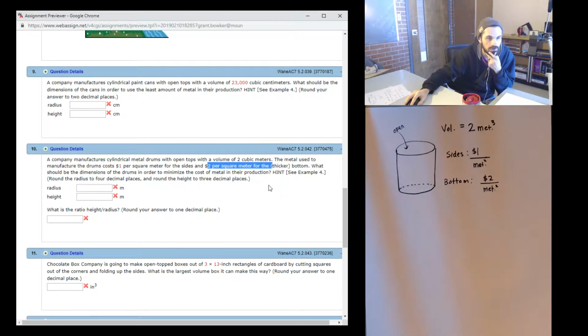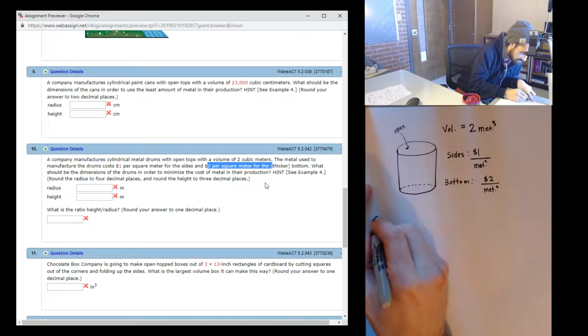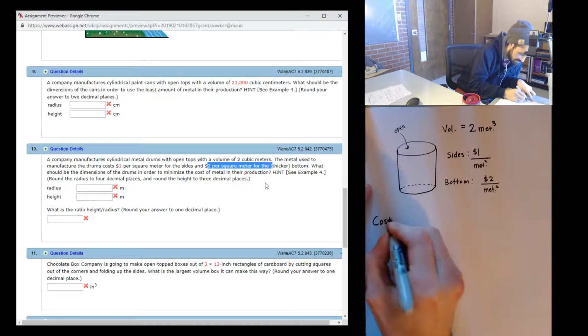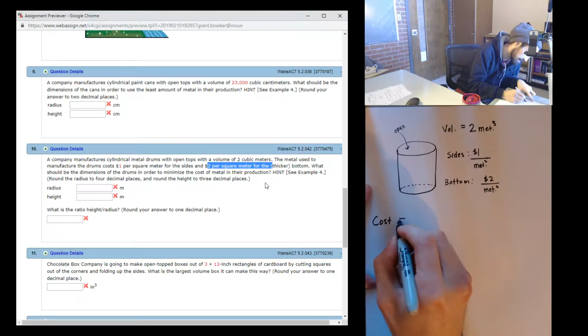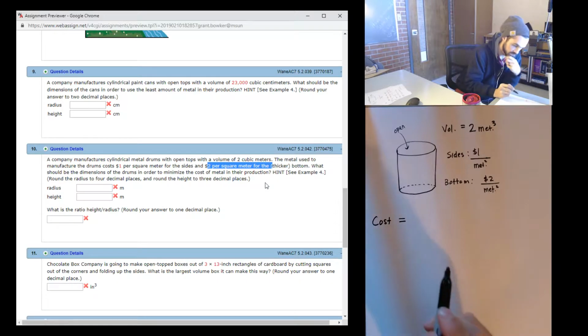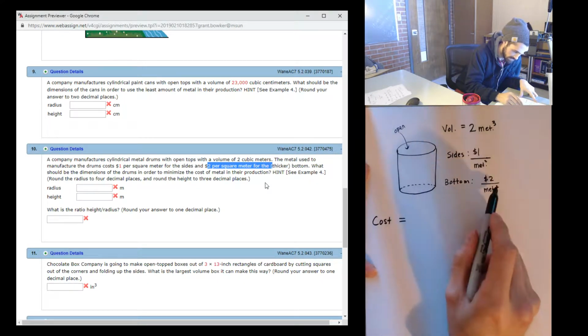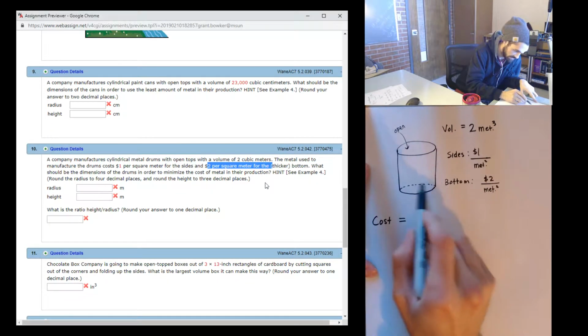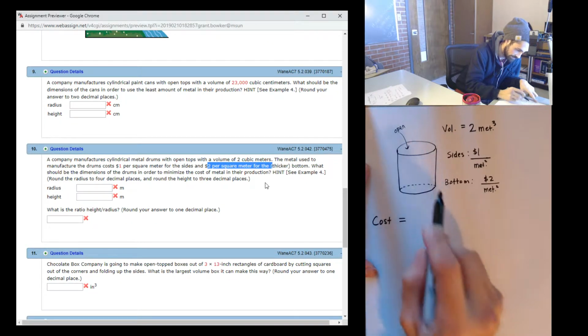Dimensions of the drum in order to minimize the cost. Okay, so we want to minimize the cost, so we're going to have to construct a cost equation. So the cost of building this can, well, that's going to be the cost of building the bottom with this side.